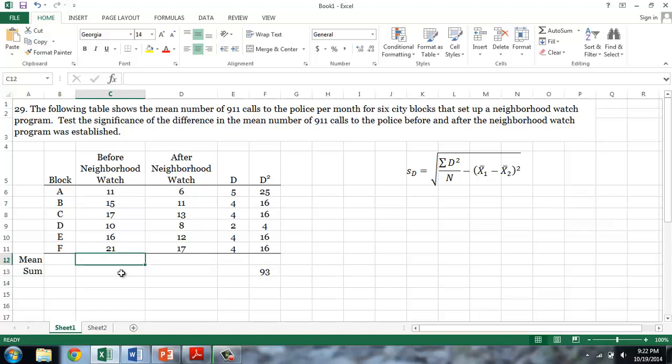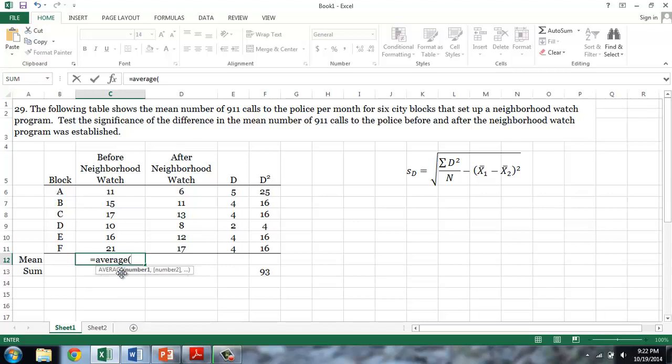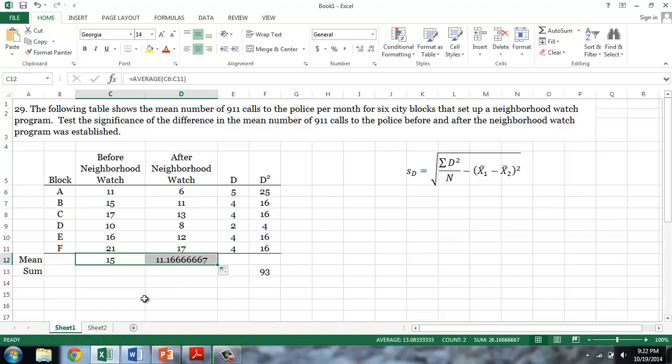So under the before neighborhood watch, I can type equals average, parentheses, and select that column, close parentheses. And also copy that into the after neighborhood watch column.